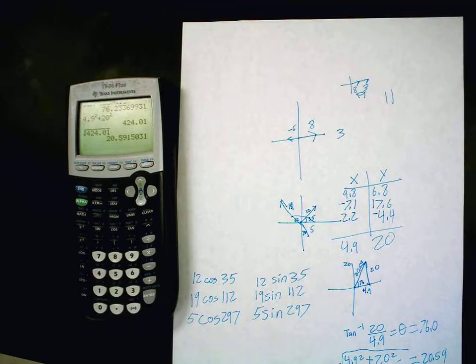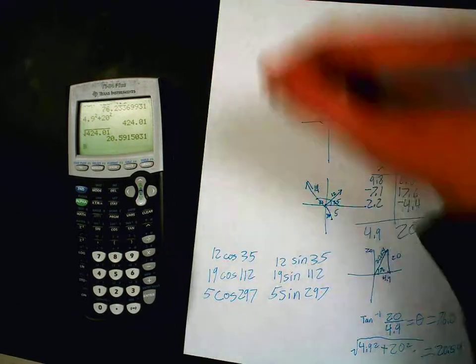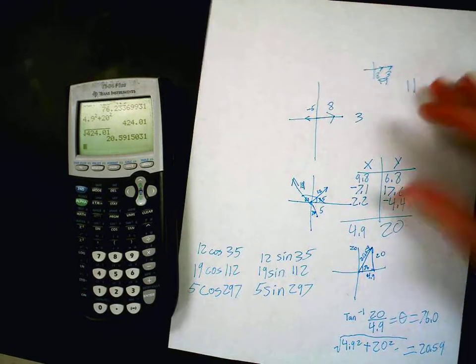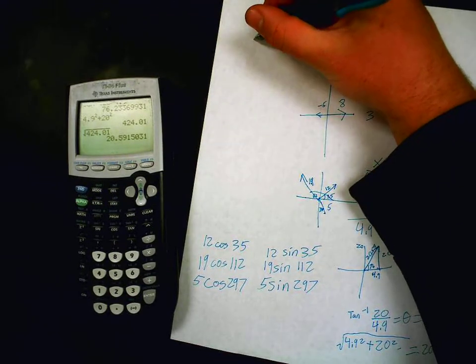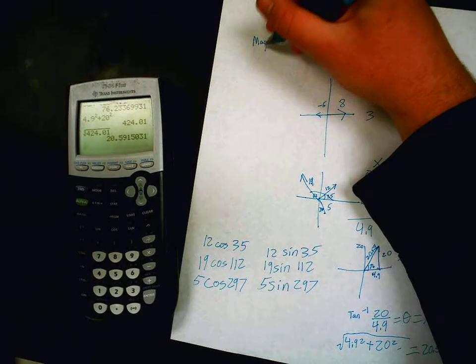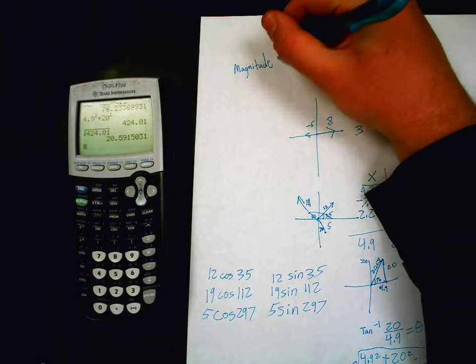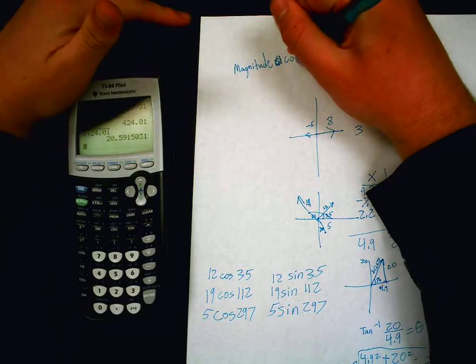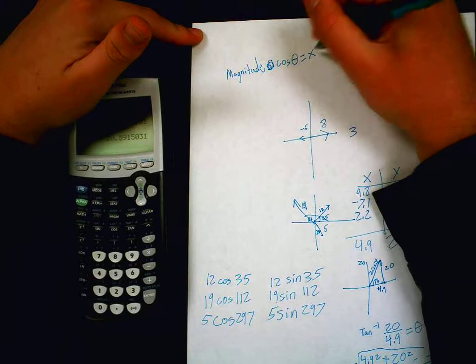I mean, you're pretty much doing vectors. You gotta apply some things to a general thing. So first, for your components, your magnitude times cosine theta equals x component.